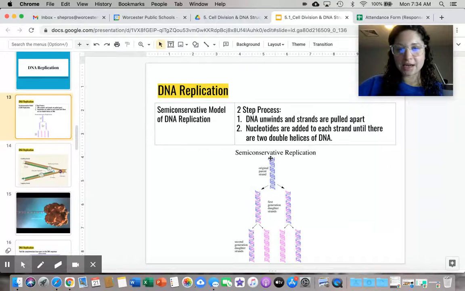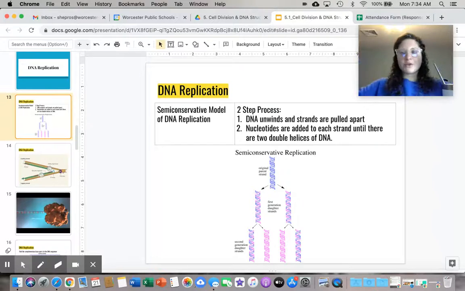So let's look at what this actually looks like with DNA. What you're seeing here in this diagram is our template DNA, our original copy of DNA. Now, like I said, we need to replicate this DNA because we need to make more cells. The new cells we're making need a complete copy of DNA. So what we're going to do is take our DNA right here and take our 2 strands and pull them apart from each other.